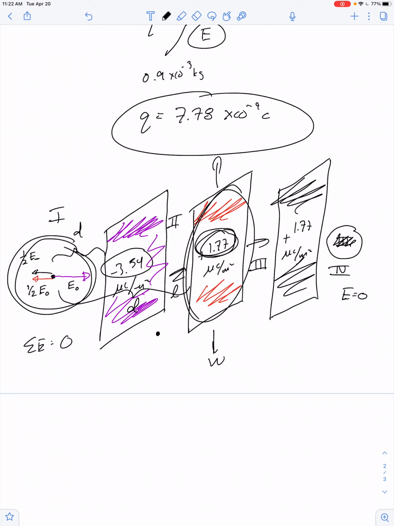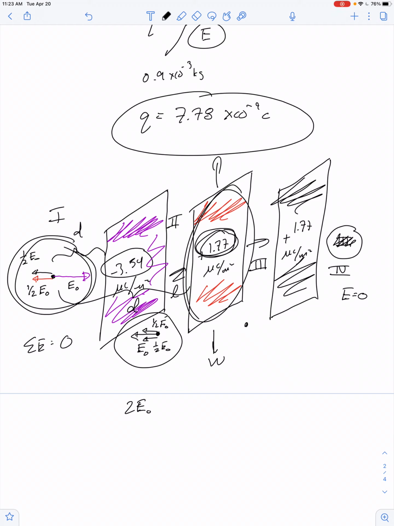In region number 2, there's an electric field pointing to the left of E naught. There's also, to the left, an electric field of 1/2 E naught, and also to the left, another 1/2 E naught. I hope you understand how I've chosen the directions of each of these vectors. So there's no cancellation. The net electric field would be 2 E naught.